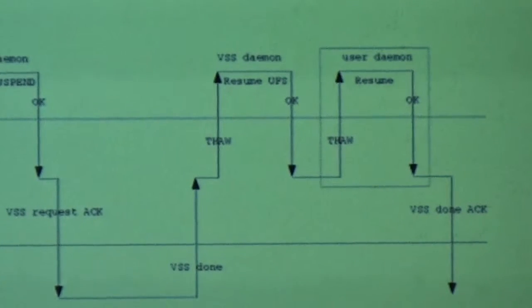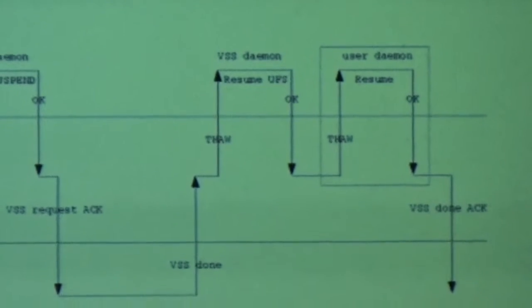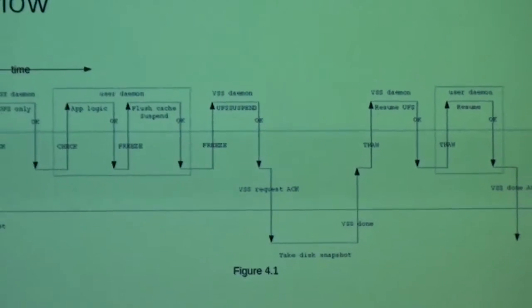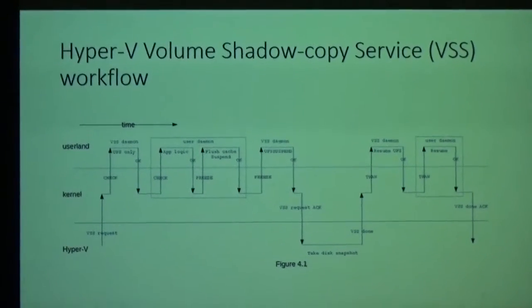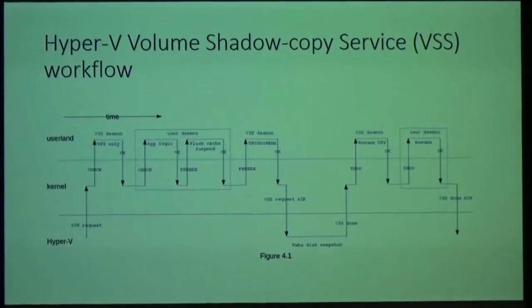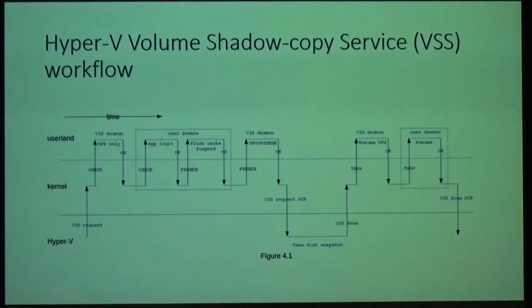At that point, all of the writes to the UFS system will be held. Once this is done, the kernel is going to tell the Hyper-V, it's okay, you can take a snapshot of the disk. Once the snapshot is taken, the Hyper-V will tell us that everything is done, then you can resume and move on.